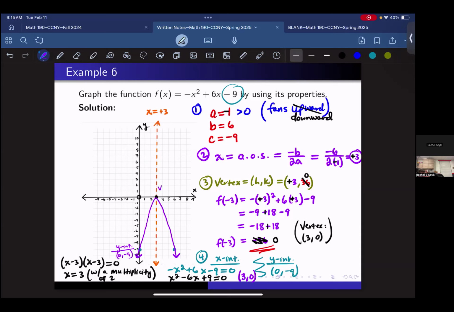And then we have our vertex and x-intercept, which is at 3, 0. And then we have our function, f of x is equal to -x squared plus 6x minus 9. And we're done. It's always a good idea to check your work, especially when you have a really high y value. Check to make sure your calculations are all correct. But let's do another example together.